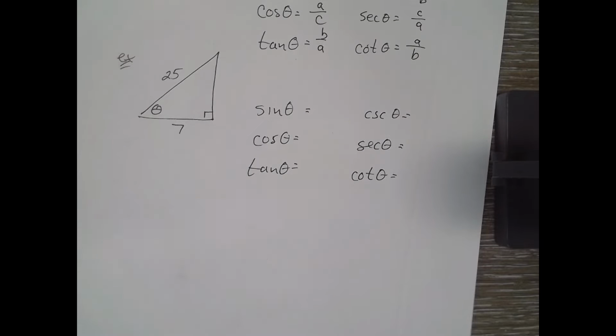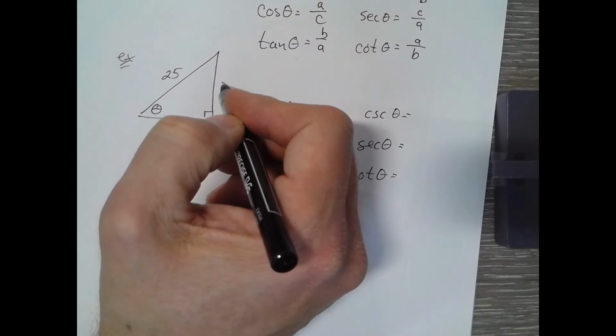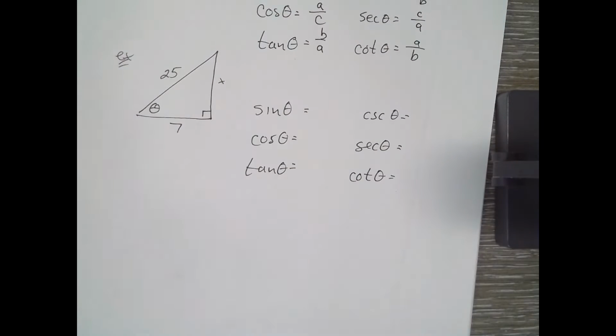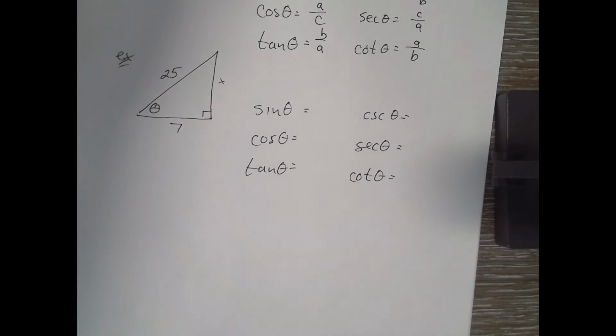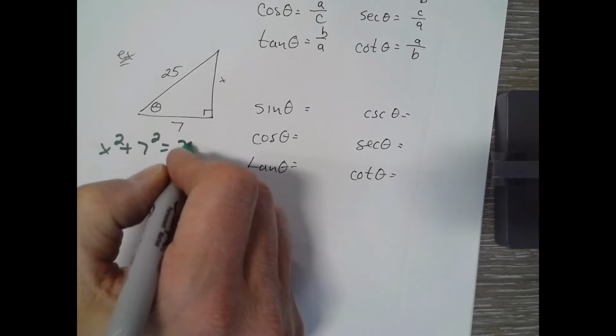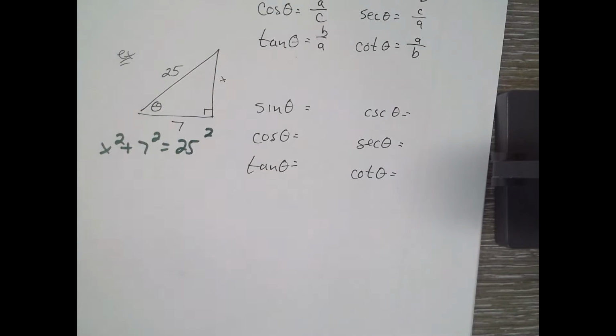Just to make sure we're on the right track, what's the first thing you did? Pythagorean theorem. You have to find the third side. Very good. So you have to find the third side right here using the Pythagorean theorem. If I call that x, you could say x squared plus 7 squared equals 25 squared. Does it turn out to be exactly 24?